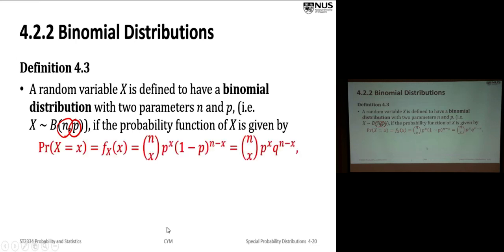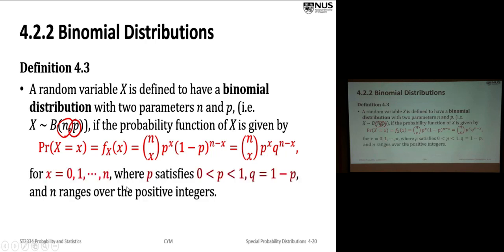So the PDF is given by this form when x equals 0, 1, 2 up to n. Now, you have to understand this expression. It means the probability of X equal to little x, with n, p, and this is basically 1 minus p. So that is a function of n, p and x, while n and p are fixed.